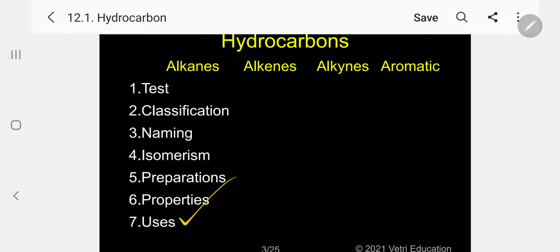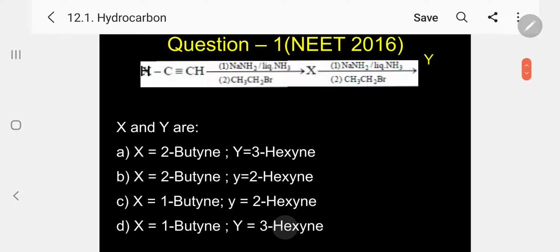So let me concentrate now on the questions that were asked in the last 6 years in the NEET question paper. Question number 1, which was asked in NEET 2016. Kindly follow.